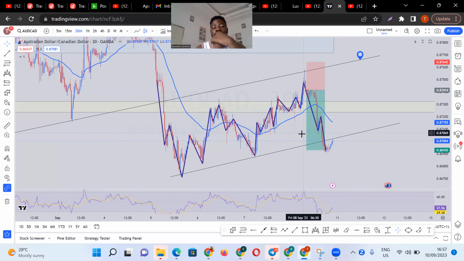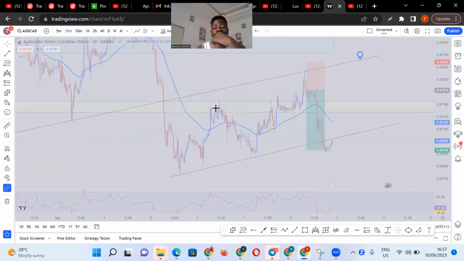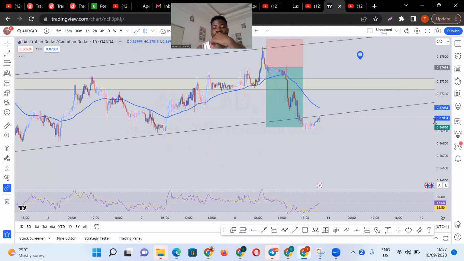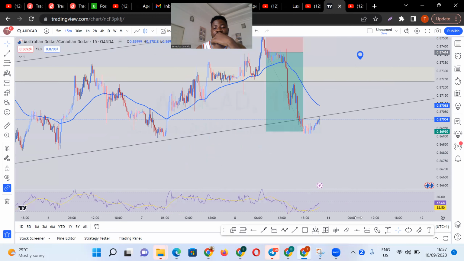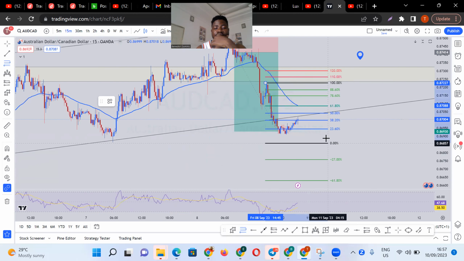So if I get entry right here, I will check it on 15 minutes. So this is the current structure I'll be looking at to pick this trade. I can put my fib right there.